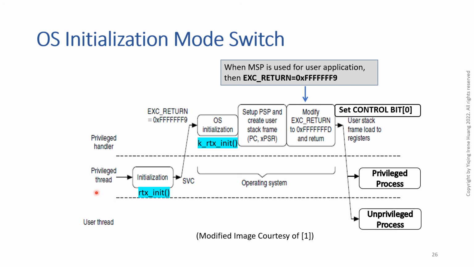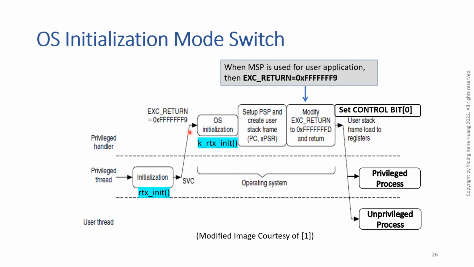Now let's take a closer look at what the rtx_init function does. This is our OS initialization system call. What happens is upon reset, we're at privileged thread mode. Then we invoke this function by raising an SVC exception.